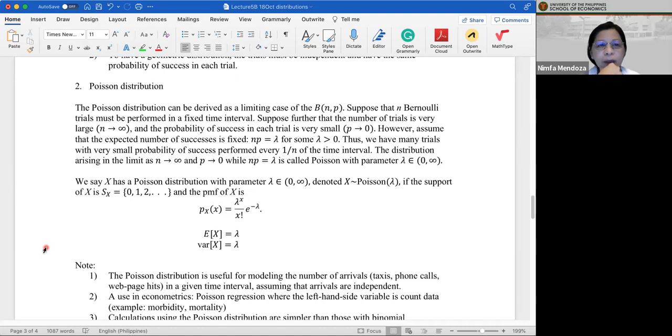For the Poisson distribution, this can be described as a limiting case of the binomial distribution with parameters n, the number of trials, and p, the probability of success per trial. So p comes from the Bernoulli distribution. Suppose that n Bernoulli trials must be performed in a fixed time interval.